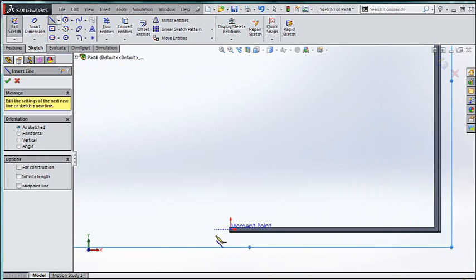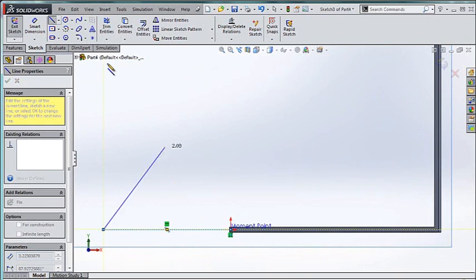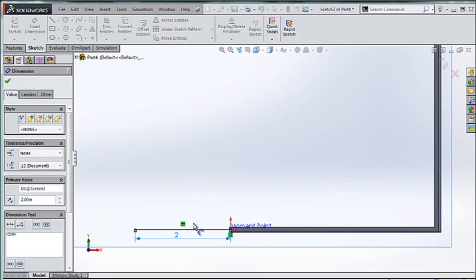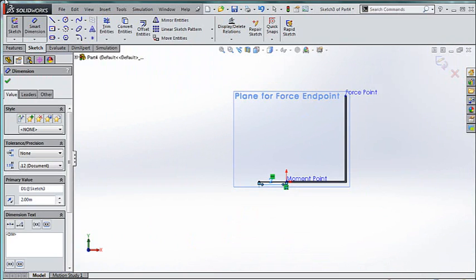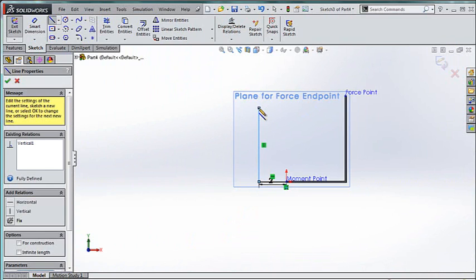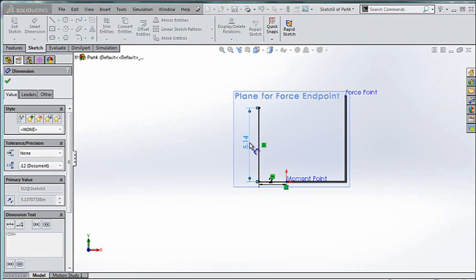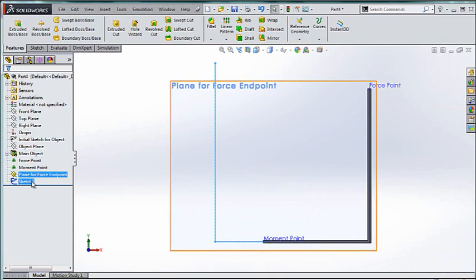So starting at the origin, I'm going to go 2 out, and, wrong direction, 2 out, another line, starting there, that is 7 up. Beautiful. And I can exit the sketch, it is fully defined.